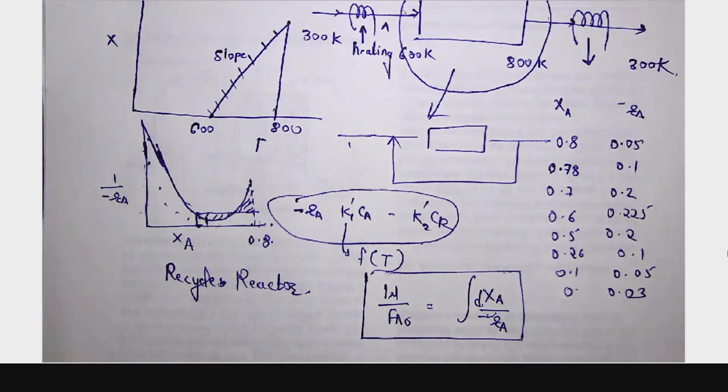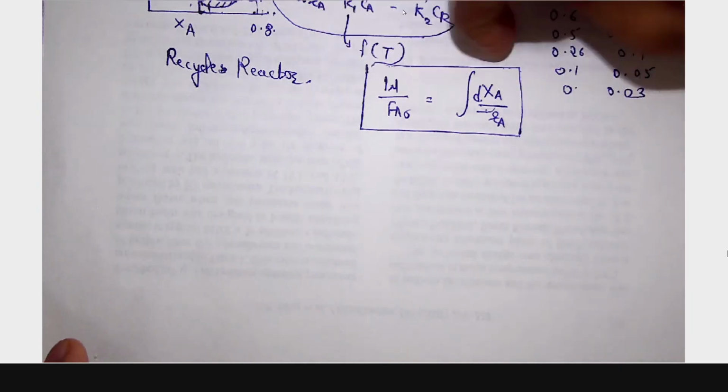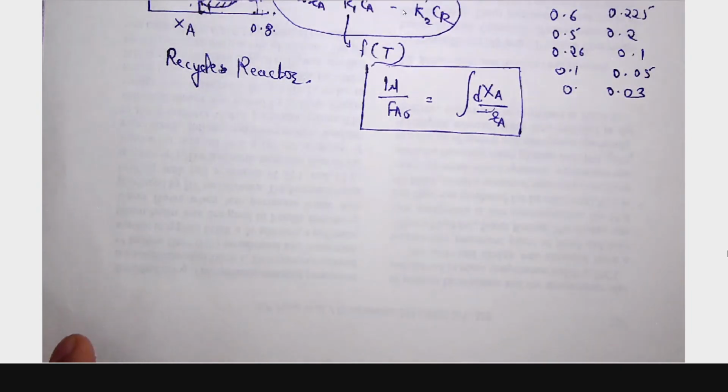So you can do these calculations. Short example, just revise your CRE 1, how to get this recycle ratio and other things. And finally, you may reach the weight of the catalyst and the recycle ratio R. How much is the recycle ratio coming?